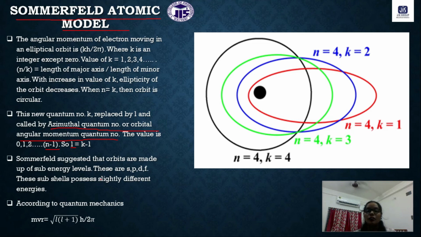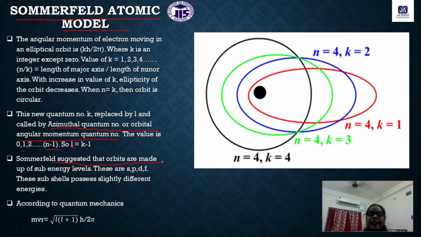If n equals 2, the sub levels will be n minus 1, so 0 and 1. Understand? So the principal quantum number 2 is divided into two sub levels. This is called the azimuthal quantum number or orbital quantum number.